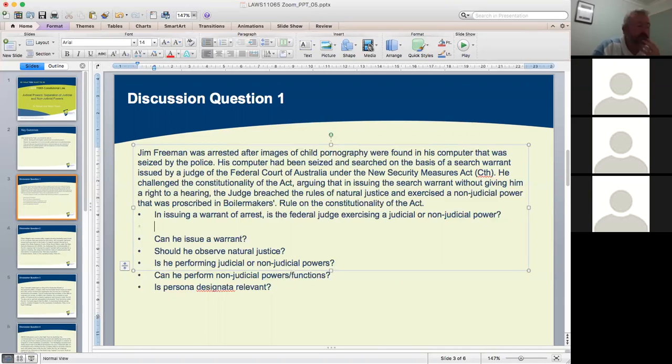We're not dealing with legal principles here. So why is he not exercising a judicial power? Why is it a non-judicial power that he's exercising? I mean, you can say that it's because the issuance of a warrant is a non-judicial function, but it doesn't really answer the question. So why isn't the act of issuing a warrant a judicial function?